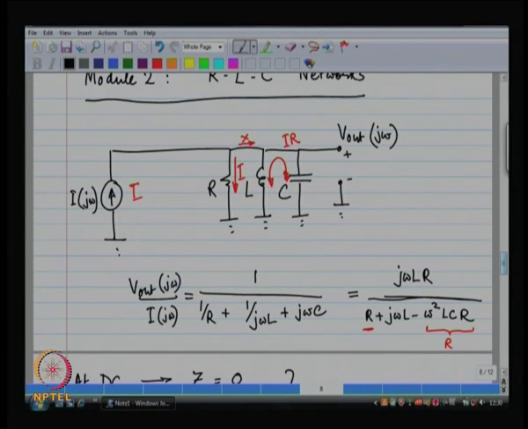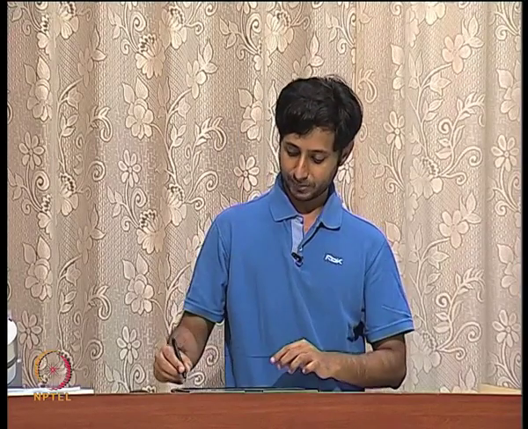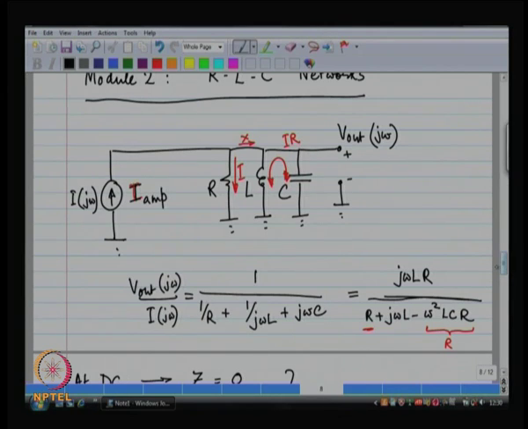So, if the current has an amplitude of I amp, let us say I amp is the amplitude of the current, then the average power that is being burnt in the resistor, what is it?